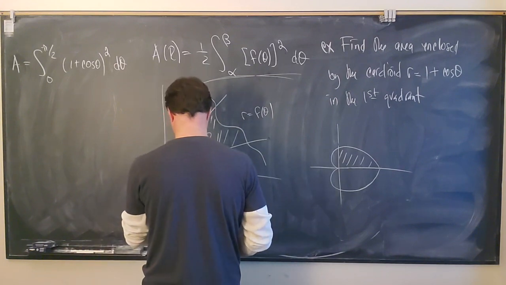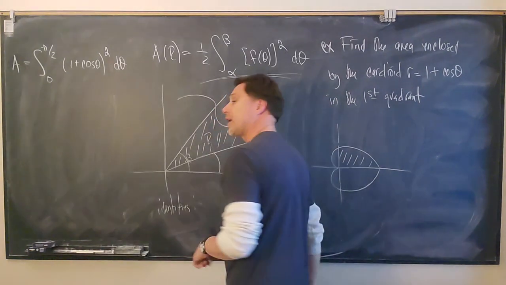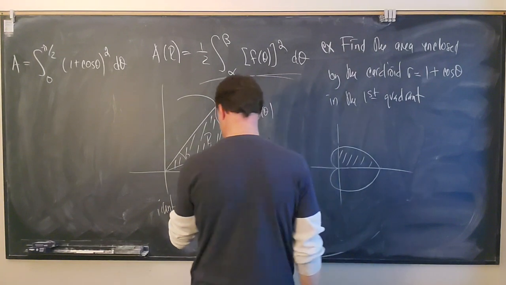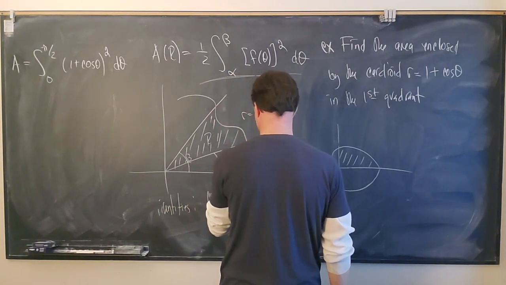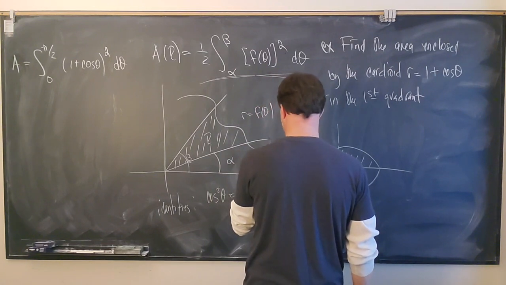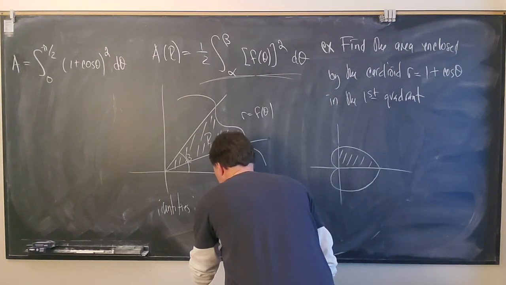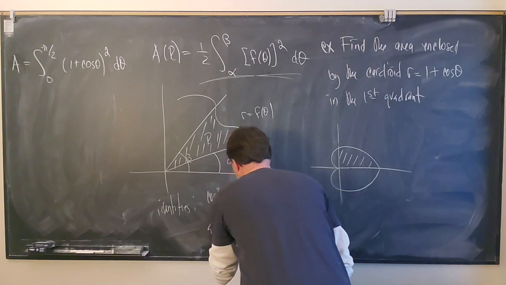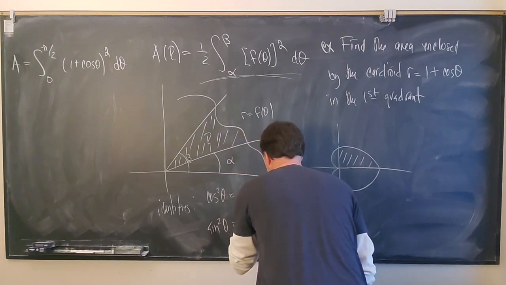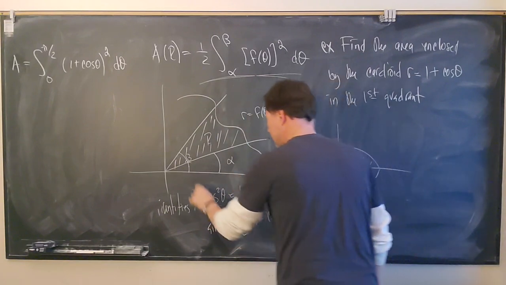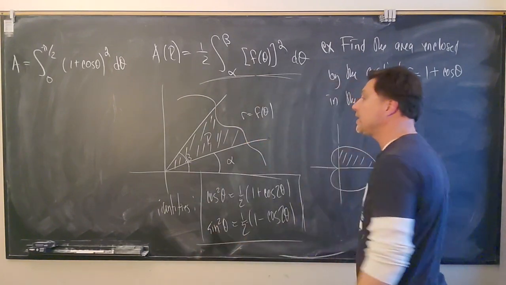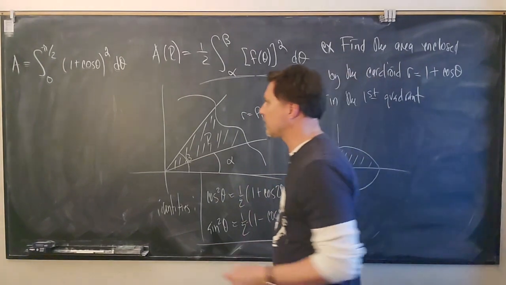Whenever you're integrating sine squared or cosine squared, you use these identities. So cosine squared theta is 1/2 times 1 plus cosine 2 theta, and sine squared theta is 1/2 times 1 minus cosine 2 theta. You will need to make use of these identities when you're doing these kinds of problems.